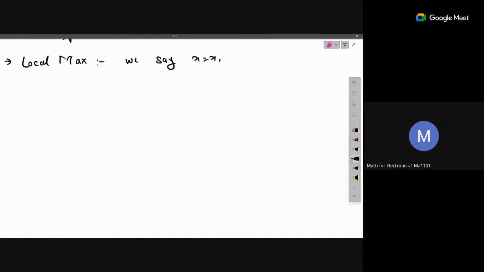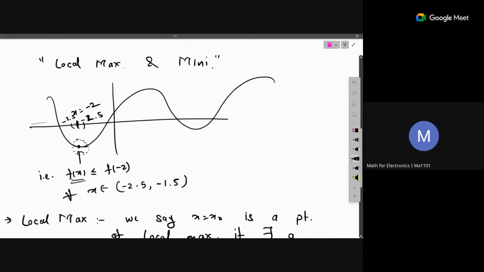We say x equals x naught is a point of local maxima if there exists a delta greater than 0, where delta is just a very small number so that we can restrict our interval to some small distance.